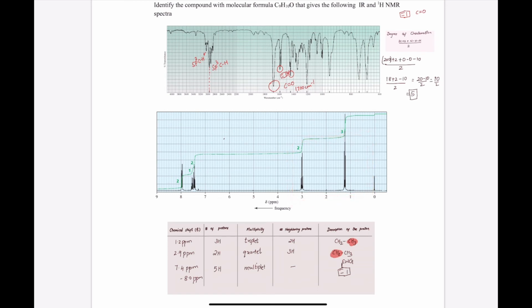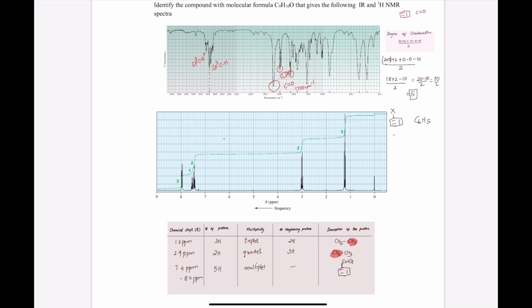So let's put everything together and account for the total number of carbons, hydrogens, and oxygen in the compound. So we already know that there is a benzene ring which has a substitution on it. For the unsubstituted benzene ring, it's going to be C6H6. For the monosubstituted, it's going to be C6H5.